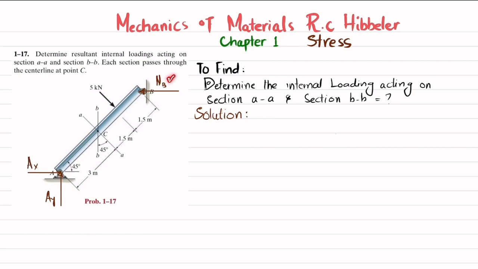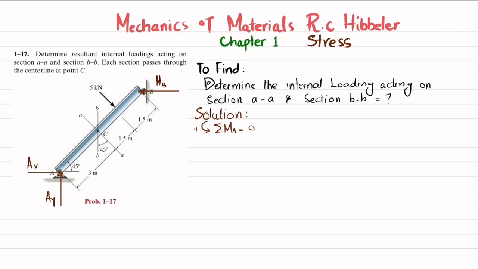We will find NB because we will cut the beam at this section and take this region for finding internal loading. For that I will apply the equation of equilibrium, that the sum of all moments about point A is equal to 0, taking the counterclockwise moment as positive.